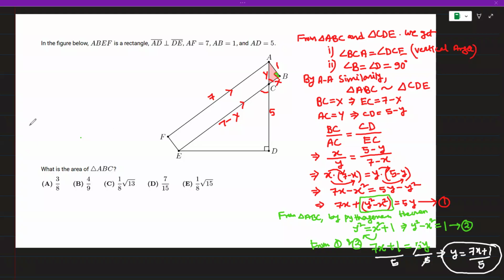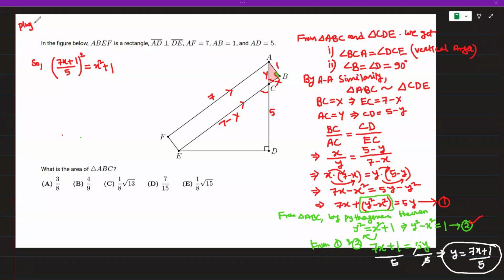Now this y we're plugging into our second equation. So we can write that y squared means 7x plus 1 over 5 to the power of 2. y squared equals x squared plus 1.